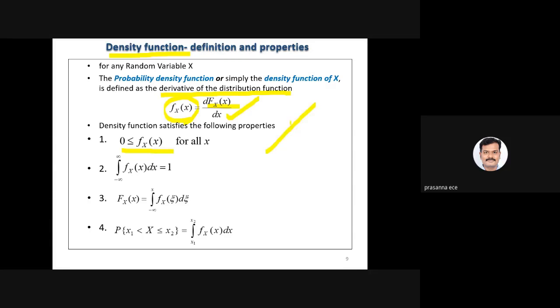So if it is an increasing function, what is the slope of that function? Just recall your calculus classes. What is the slope of a function that is always increasing? Is it negative, zero, or positive?